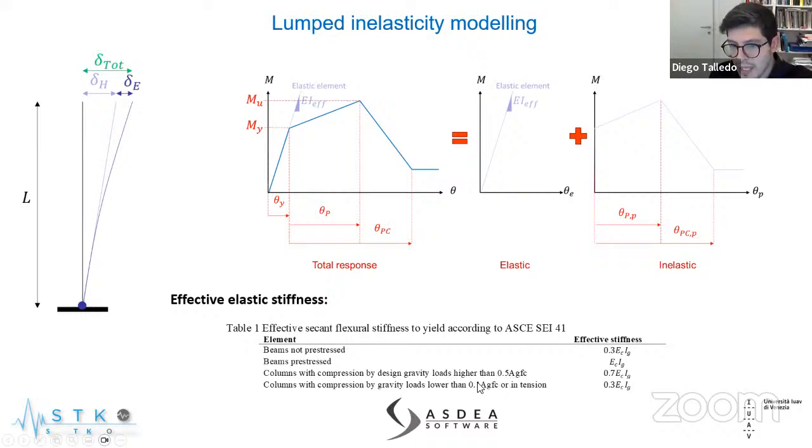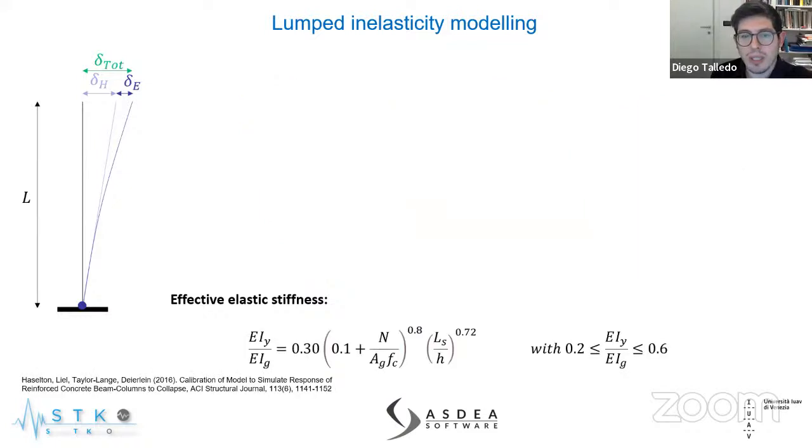Of course, they depend in the sense that when we have a small gravity load or a higher gravity load, we have different values. But we can use something a little bit more detailed. For instance, just for the sake of simplicity, as I say, you can implement your own equations. This is the power of this hinge. This is the equation proposed by Haselton in 2016, where we can see that there is a dependency on axial force and on shear span.